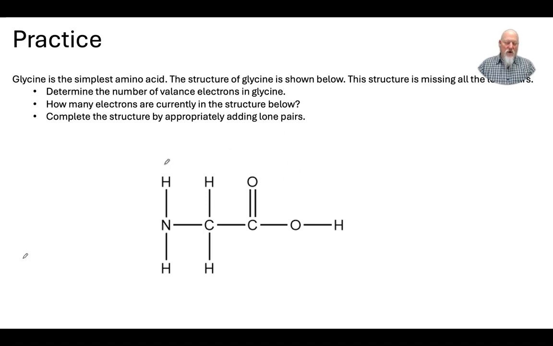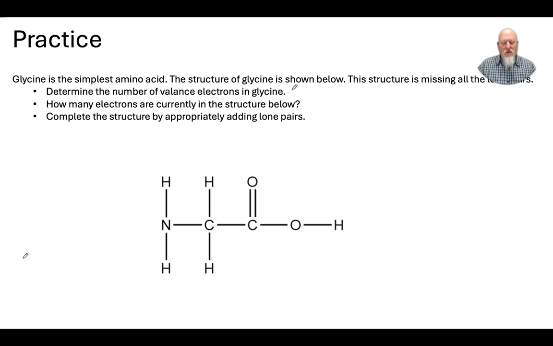What I want to do with this molecule is glycine. Glycine is the smallest amino acid that's used to make peptides and proteins in your body. That's the basic Lewis structure for glycine, except it doesn't have all the lone pairs it needs.